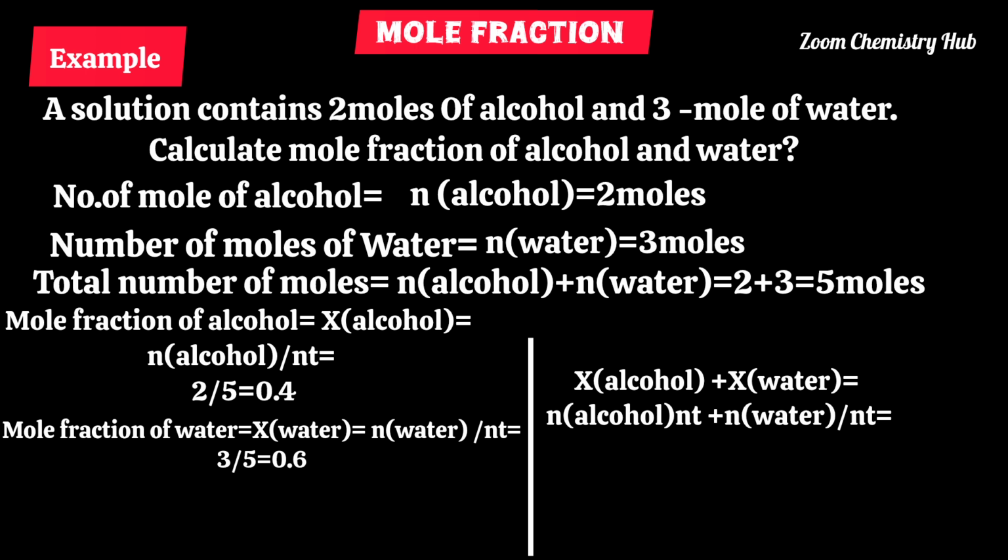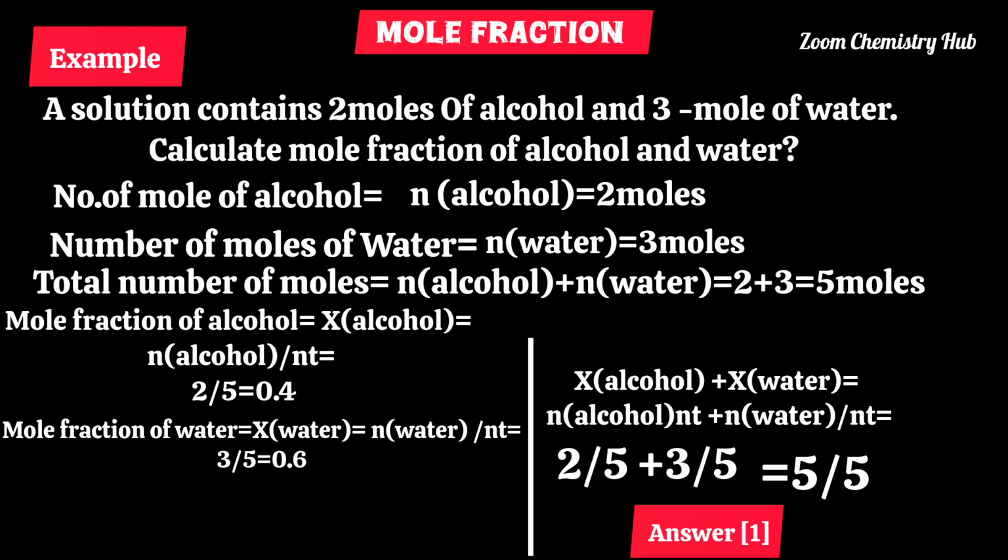And we put the values, 2 divided by 5 for alcohol plus 3 divided by 5 for water. Now we take the LCM of this and we solve it mathematically, then we get the answer 5 by 5, and 5 by 5 cancels and we get 1. So the sum of the mole fractions of all the components in a solution is always equal to 1.